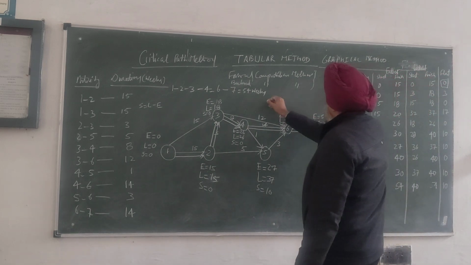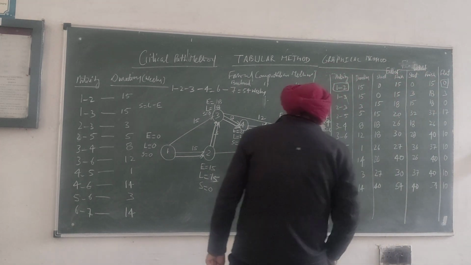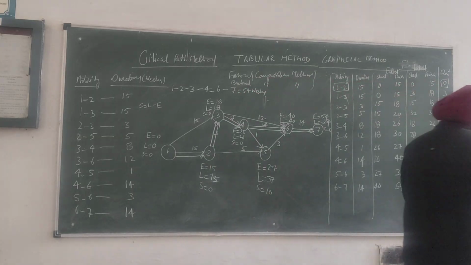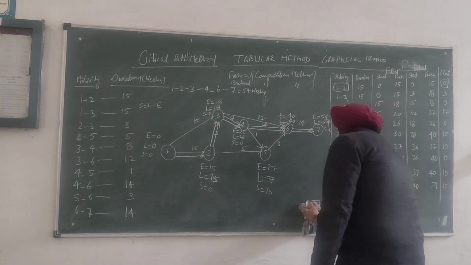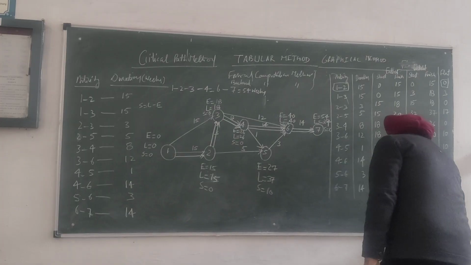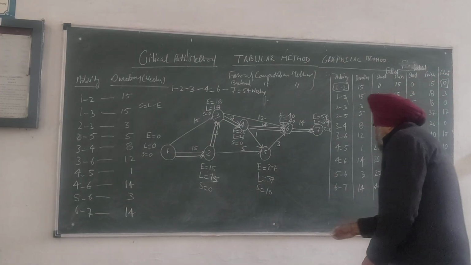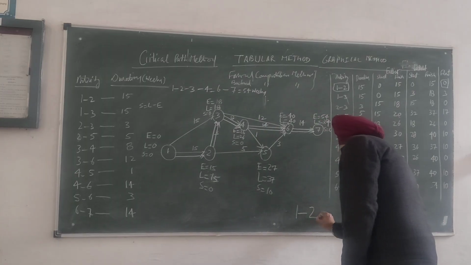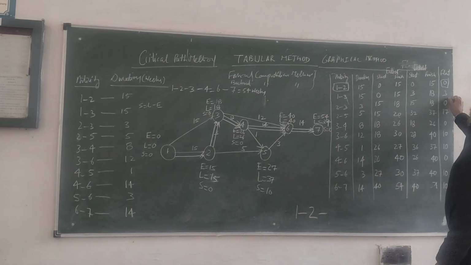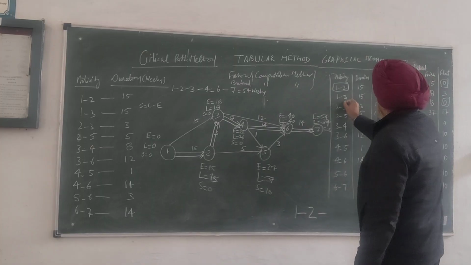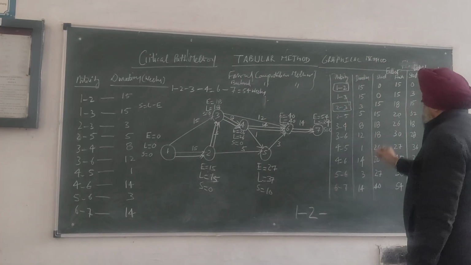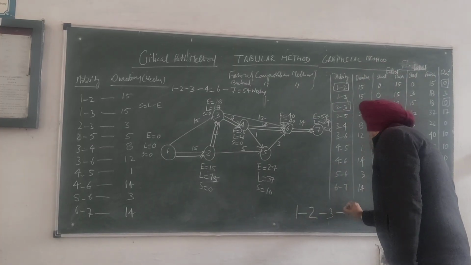That is 1 to 2. I mention it here, what I try to do is write it down here. Wherever we are getting the value 0, this is a critical activity. This is 1 to 2. Clear? Then after that, this is 0, this becomes 2 to 3. Clear?